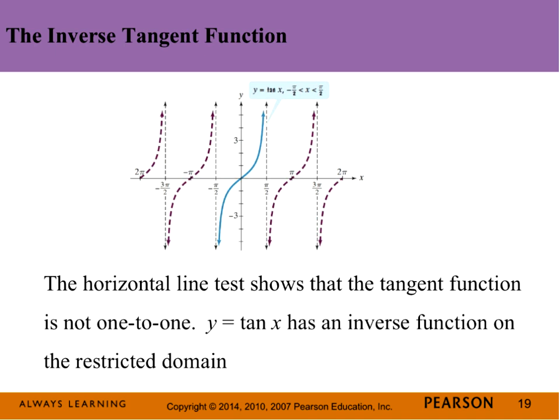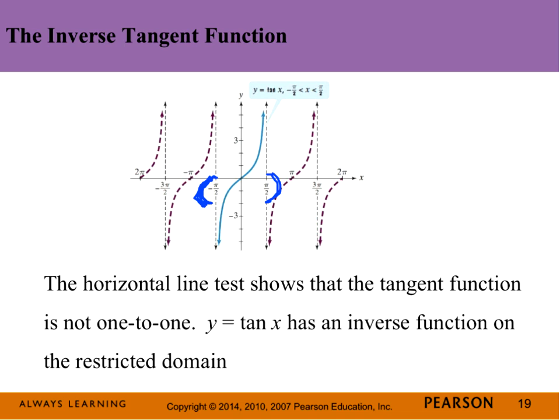All right, so tangent. Once again, horizontal line test. As long as we are restricting ourselves to one period, we pass the horizontal line test, meaning we do have an inverse function as long as our domain is restricted.